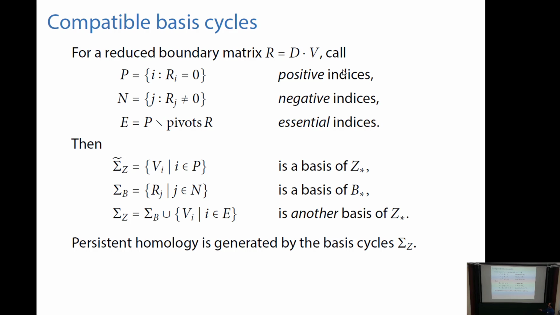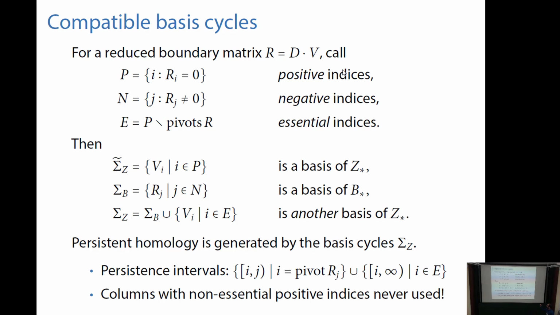The message of the slide is, when you look at the computation this way, we actually have performed quite a bit of computation that is completely unnecessary for the problem. Namely, the columns that have a positive but non-essential index, the columns appearing in this set of pivots of the reduced matrix, are never used, and there's actually a very large number of them.